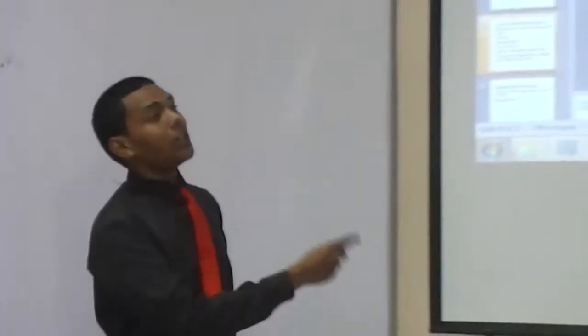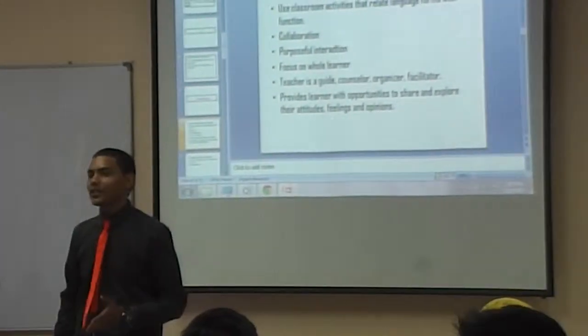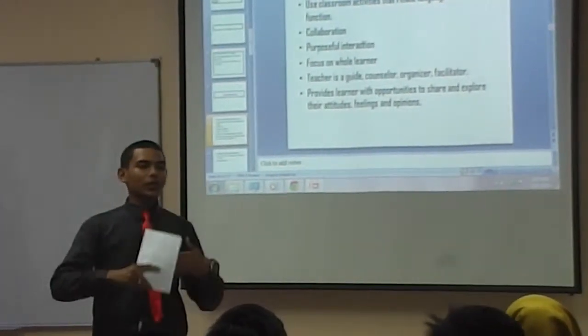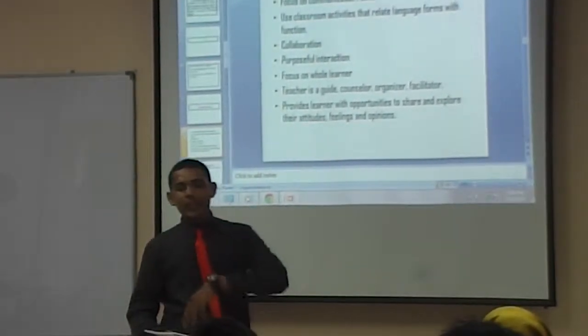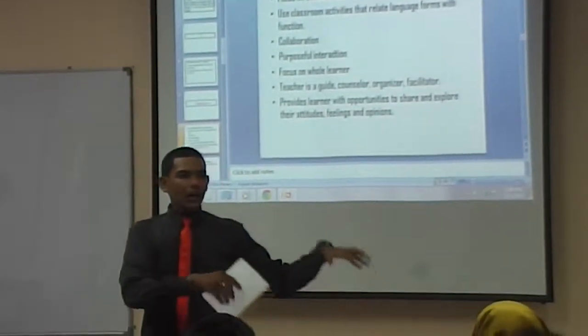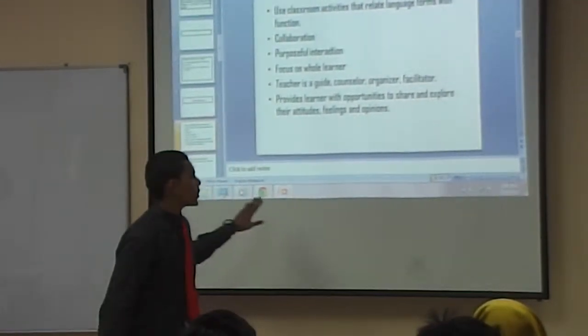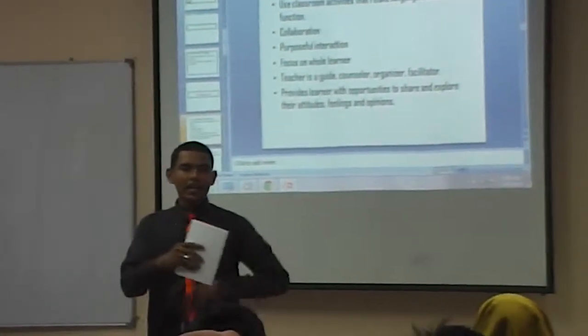Next is the characteristics of communicative language teaching. As you can see, the focus of CLT is for the students to be able to communicate with one another. For example, in school-based teaching, the teacher usually teaches us how to construct a sentence, but CLT is the other way around.